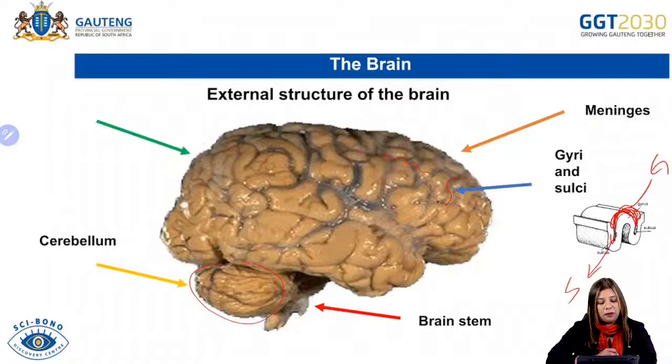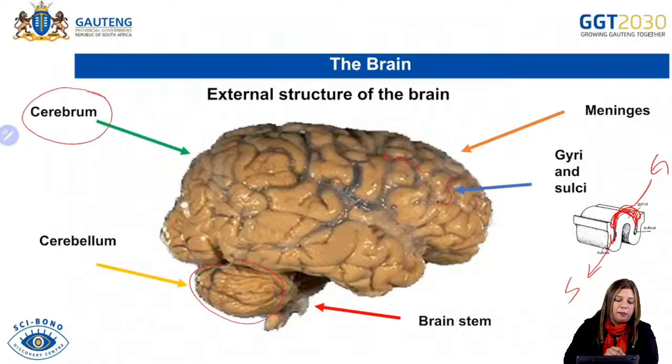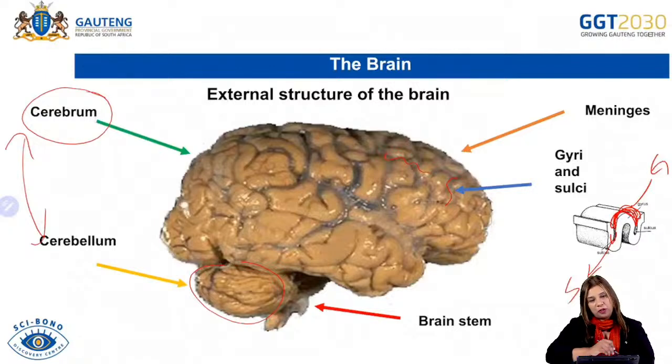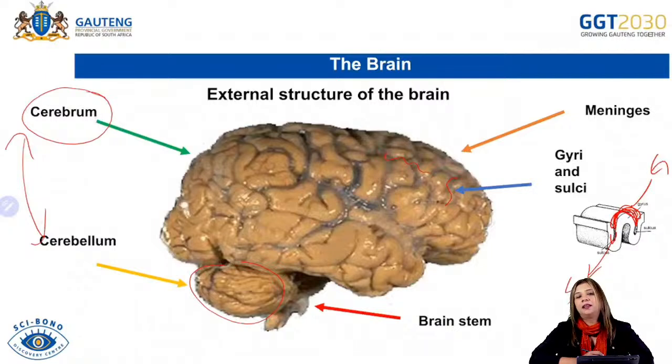And then on the other side, we got the largest part of the brain, which is called the cerebrum. Okay? This is the cerebrum. Now you need to be sure that you don't confuse these two, because they sound the same. So that is what your external structure of the brain is, and we know that it's got protective structures: the meninges, the cranium, and the cerebrospinal fluid.